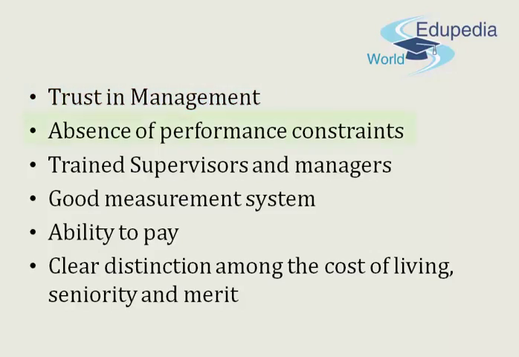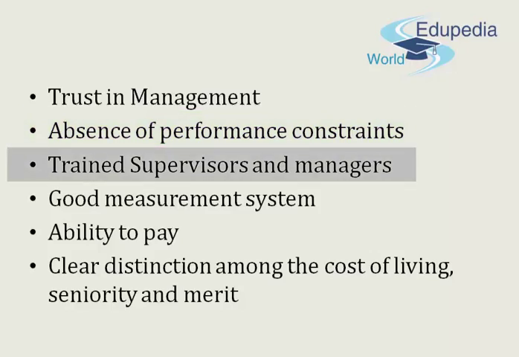Now, the second precondition is the absence of performance constraints, which means pay for performance programs are usually based on an employee's ability and efforts. The jobs must be restructured so that an employee's performance is not hampered by factors beyond his or her control.